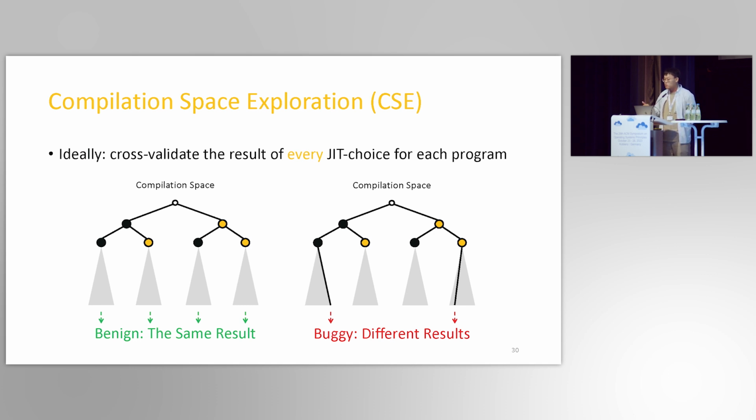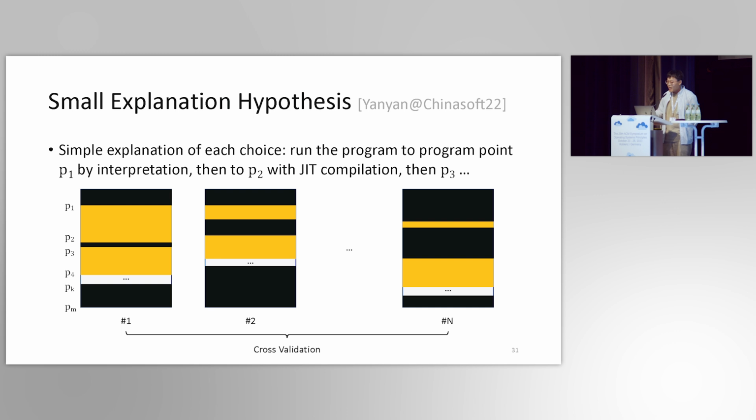And this is what we proposed. We call it CSE, compilation space exploration. Put simply, we'd like to frequently interleave interpretations and JIT compilations in each choice. In particular, for each choice, we run the program to point P1 by interpretation, then to P2 by JIT compilation, then to P3 by interpretation, and so on.